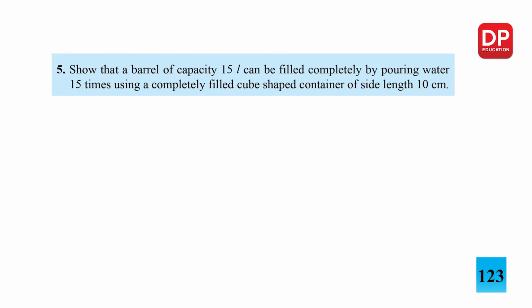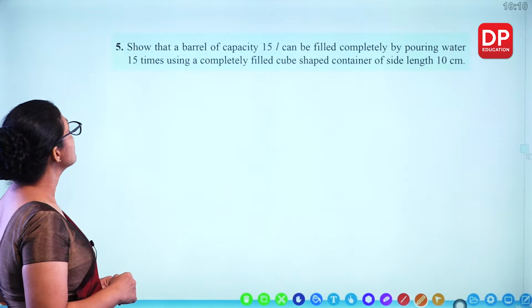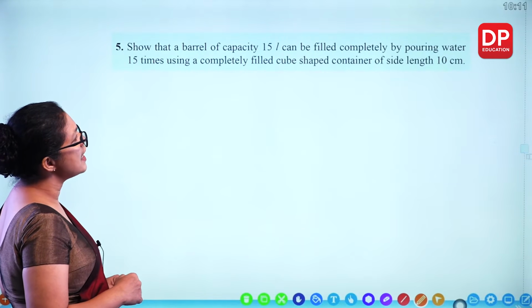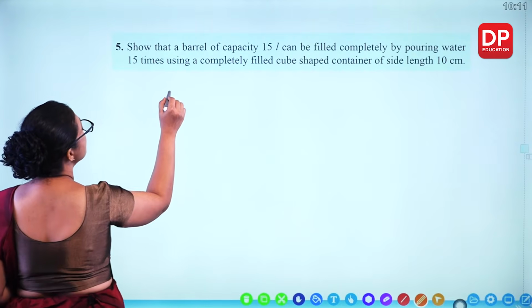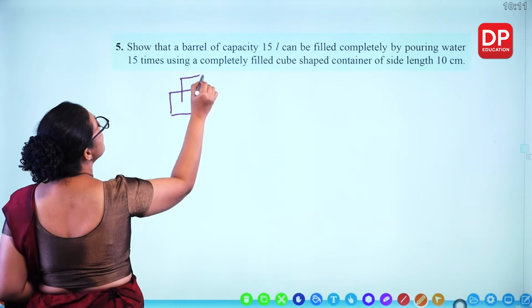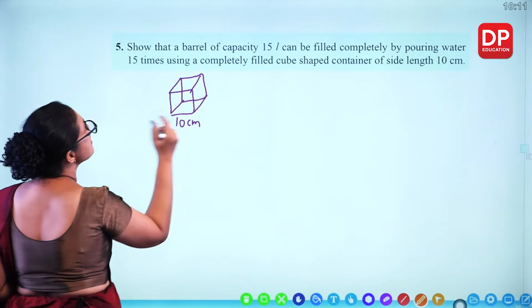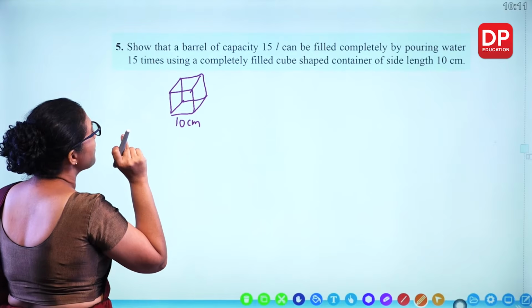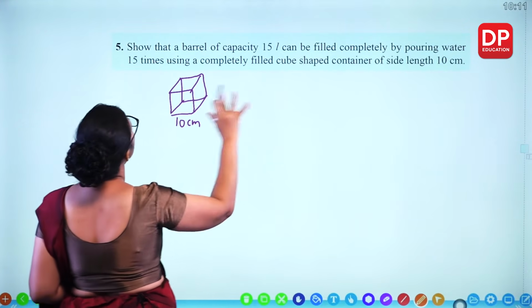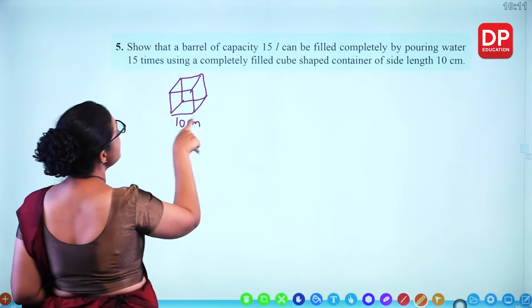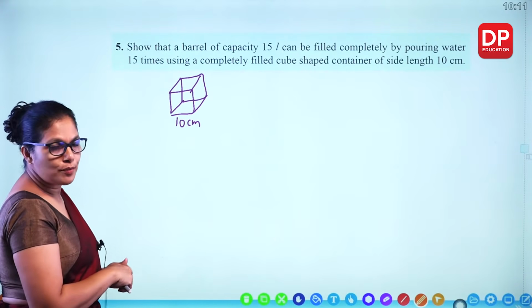Question number 5. Show that a barrel of capacity 15 liters can be filled completely by pouring water 15 times using a completely filled cube-shaped container of side 10. So side length is 10 centimeters. So you need to fill a barrel with 15 times of this volume.